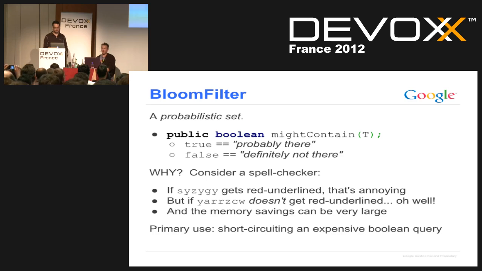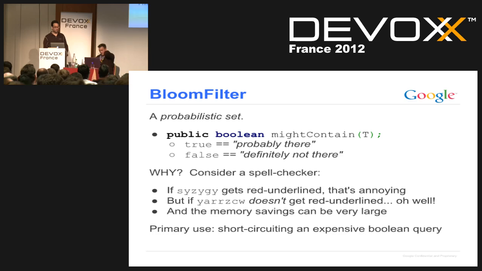But if yarzku, which is obviously not a word in any language that I'm familiar with, doesn't get flagged as an invalid word, that's not actually so bad, because almost certainly no one's ever going to type that. So you're actually going to be okay with a probabilistic check for a spell checker.